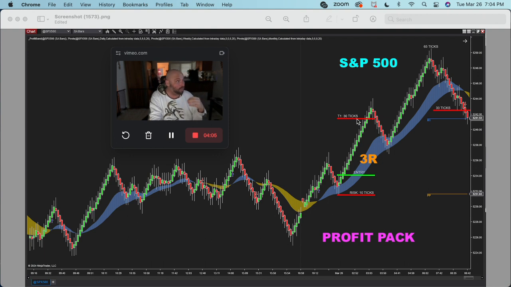It could be 2-to-1, could be a 2R, could be 3-to-1, meaning a 3R. In this instance, we're risking 10 ticks in hopes of taking our first profit at 30 ticks. That's a 3R. It's a multiple of 3 of the risk. Risking 10, computer populated resistance here puts us out at 30 ticks.